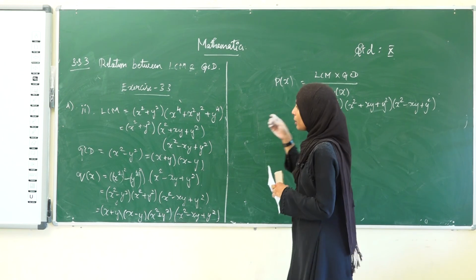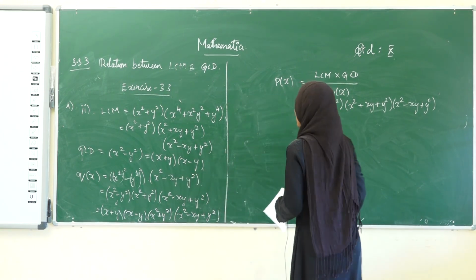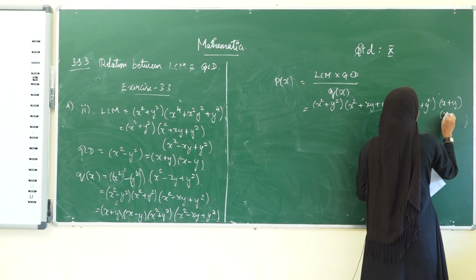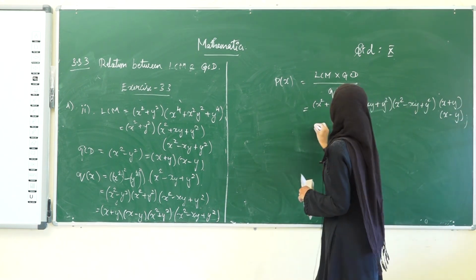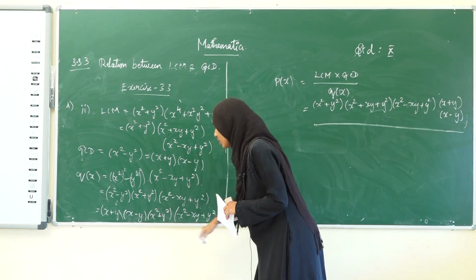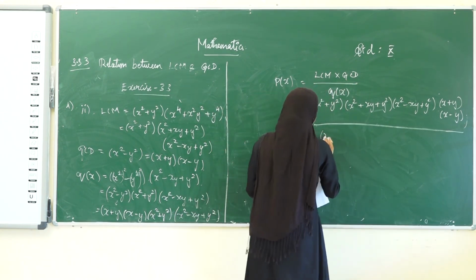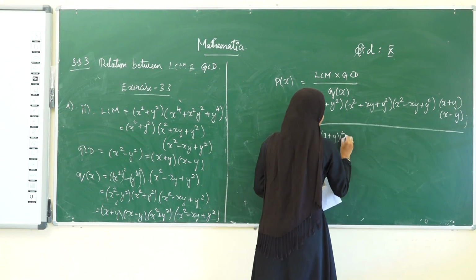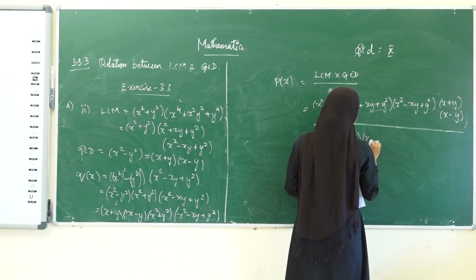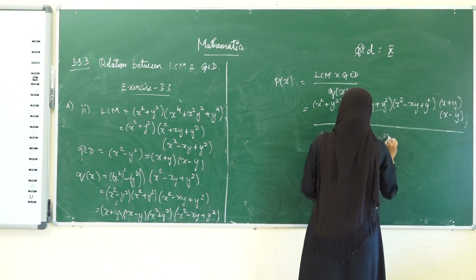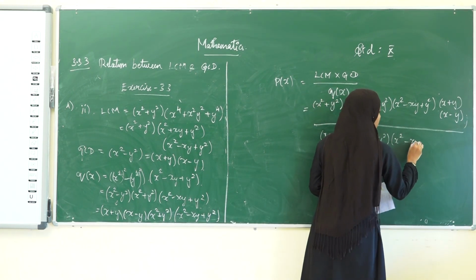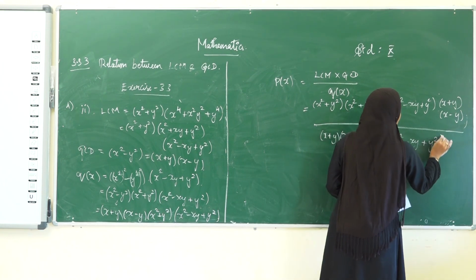This is LCM. And what's GCD? (x plus y) into (x minus y). The whole is divided by q(x). What's the value of q(x)? Here it is: (x plus y) into (x minus y) into (x square plus y square), and this term, that is (x square minus xy plus y square).